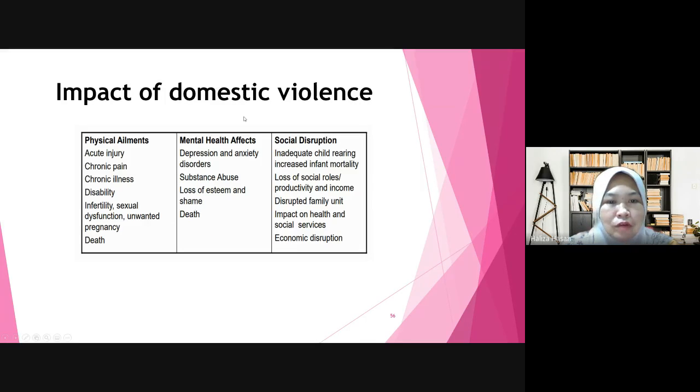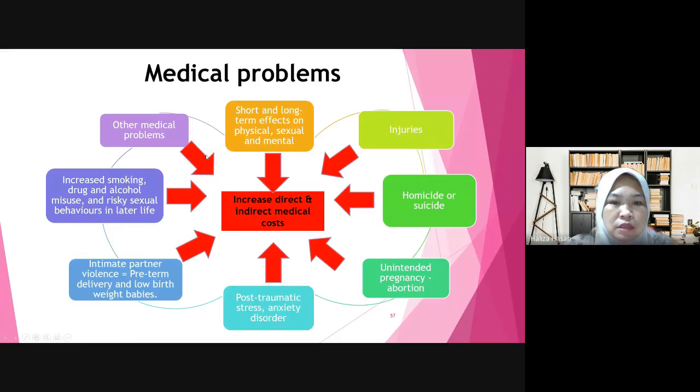Okay, impact of domestic violence. So medical problems related to social problems increase direct and indirect medical costs, because of the short and long term effects on physical, sexual, and mental health.